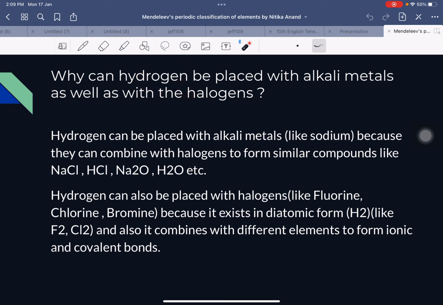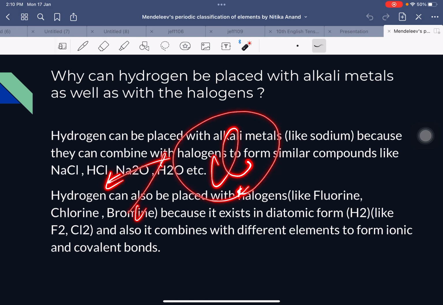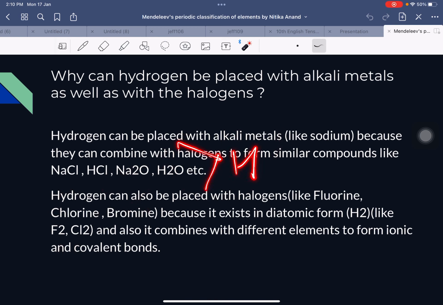One more thing that I forgot to mention is that hydrogen can also be called a halogen because it combines with different elements to form ionic and covalent compounds. Chlorine combines with different elements to form ionic as well as covalent compounds. The same goes with hydrogen, it combines with different elements to form ionic as well as covalent bonds.